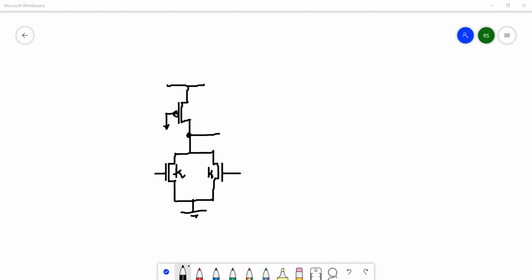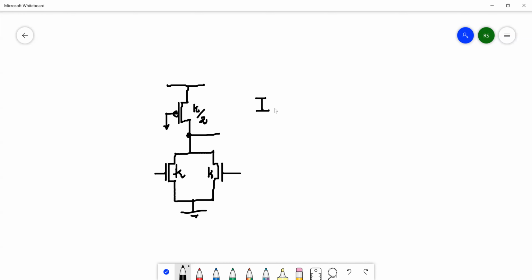K by 2. Okay, according to the rule, it should be K by 2. Then the second rule: write the current and then try to solve for K. In this case also, assume only one transistor is conducting, worst case.